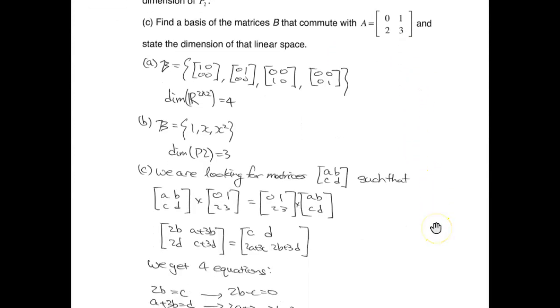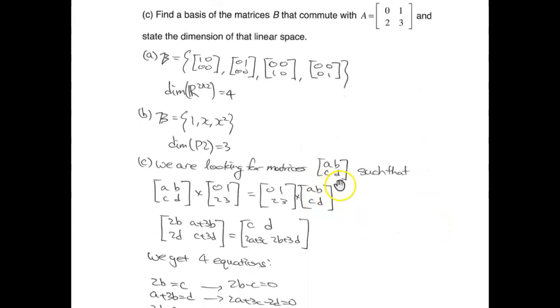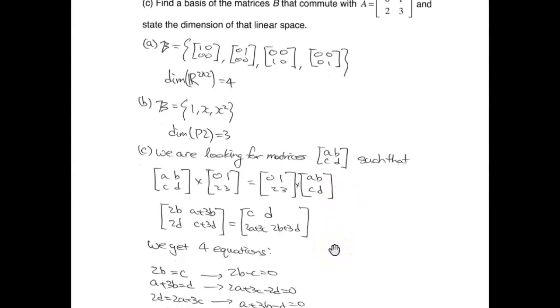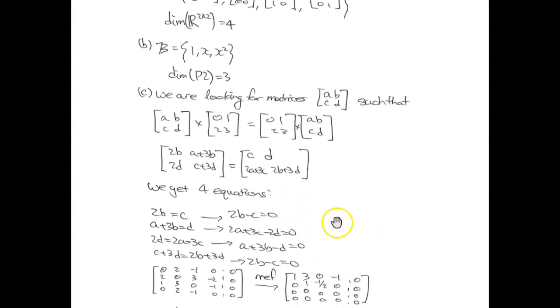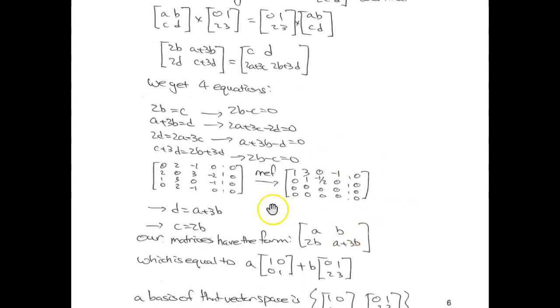So to do that, we are looking for matrices [a, b, c, d] that have the behavior we expect, which is that they commute. So this is a bit of algebraic work. We distribute, we identify the entries, so 2b equals c, at the bottom here 2d equals 3 plus 3c, and so on. This gives a system of equations which you can solve using matrices.